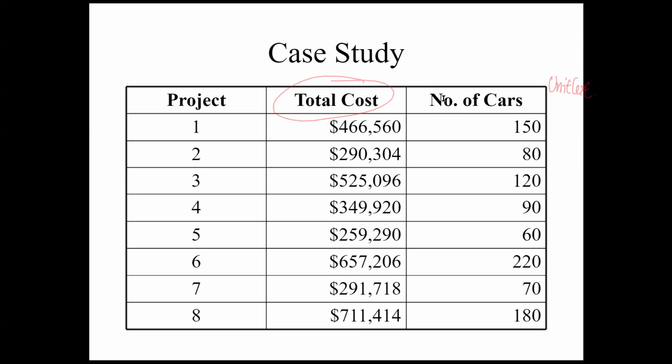The unit cost is equal to your project total cost divided by what? Number of cars, right? In this case it is number of cars. Maybe in the future, the number is how many square feet, how many rooms, how many beds, right? Does that make sense? So please go ahead and do your calculation and find the unit cost for all those 8 projects.